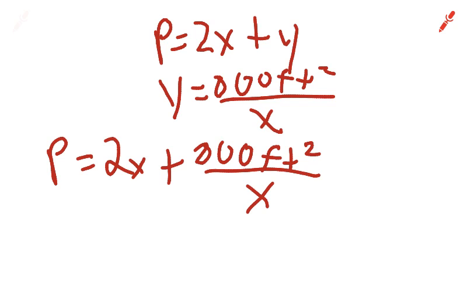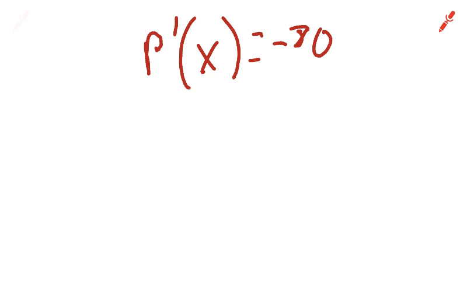So to continue this optimization problem, we have to find the derivative of the perimeter. So P prime equals negative 800 over x squared plus the derivative of 2x, which is 2.